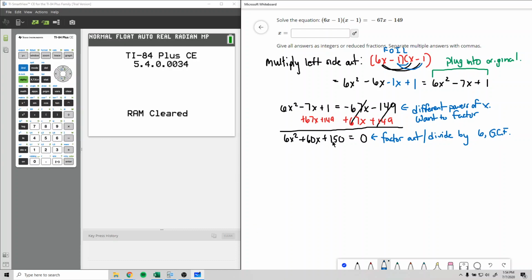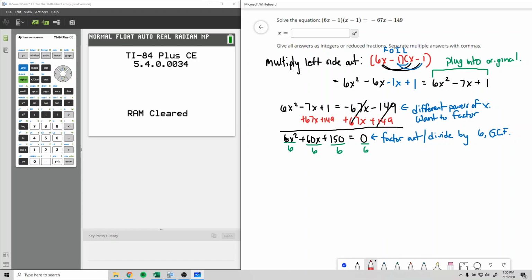Sometimes you might have the greatest common factor, sometimes you might not. You know how to factor if this front number isn't 1, but I'm going to go ahead and do what's best here, and that's divide everything by 6. Once again, even though it won't change the right side, if you're dividing everything by 6, you do both sides.